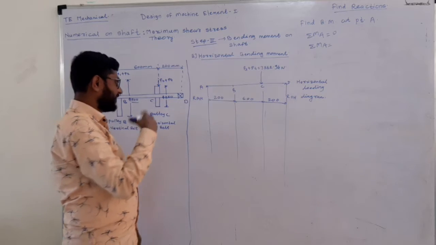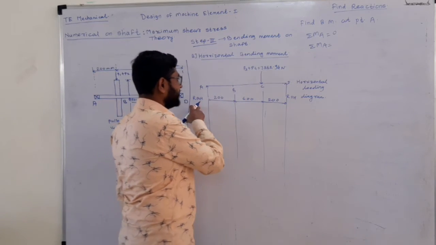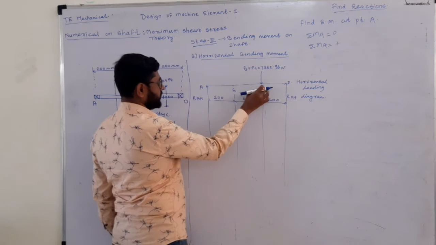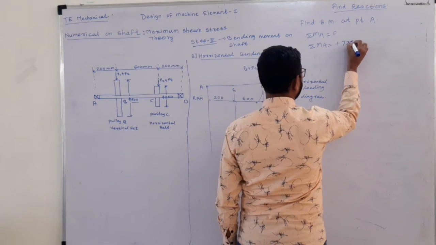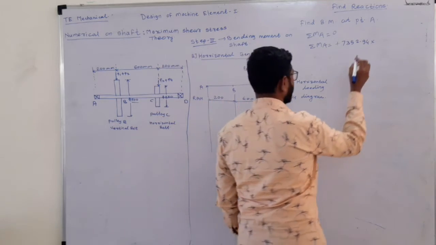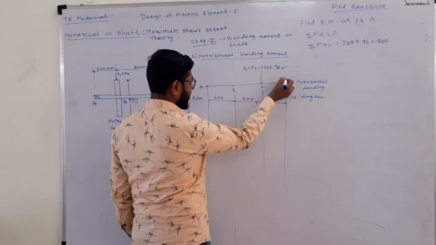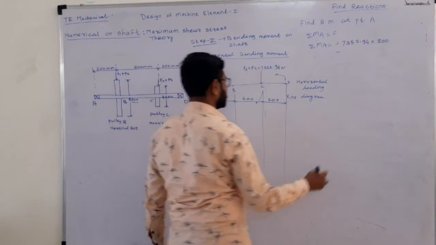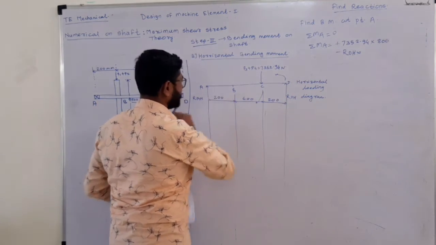So first step is by considering bending moment at point A equal to 0, means summation of bending moment at point A is, here this force C is acting clockwise, means positive 7352.94 into perpendicular distance between point A and C is 800, and another force is acting at point D, RDH, which is acting anti-clockwise towards point A. Means here magnitude is negative, minus RDH into perpendicular distance between point D and A is 1000.